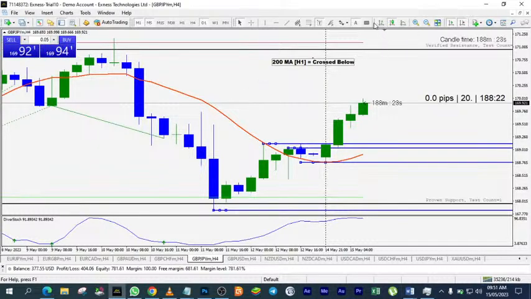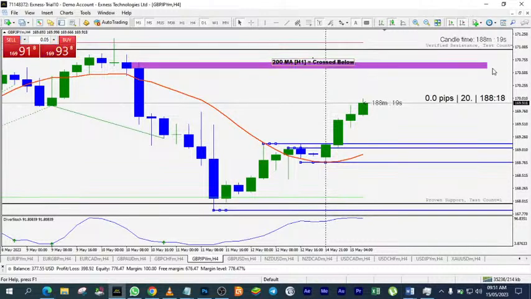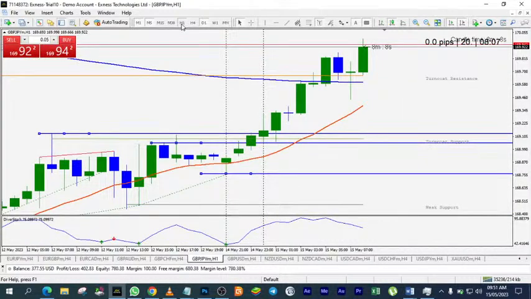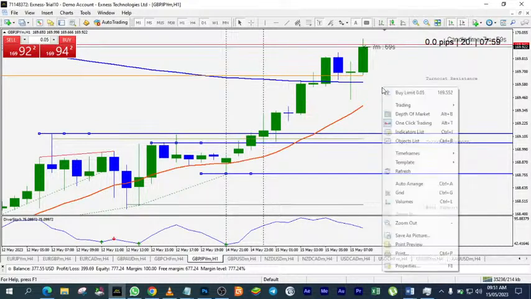If you want to take a buy, it's still a valid buy, and you should be looking at having your first take profit here. It's still a very valid buy if you're interested in having this. You can actually still buy from this point.